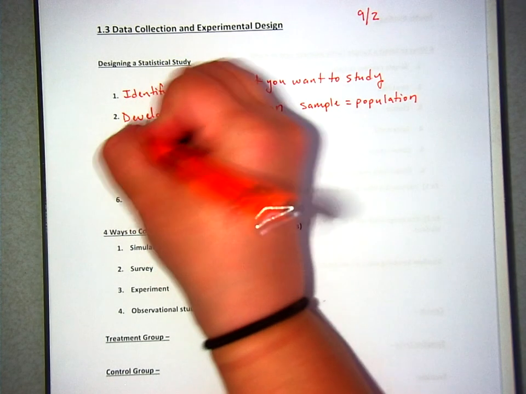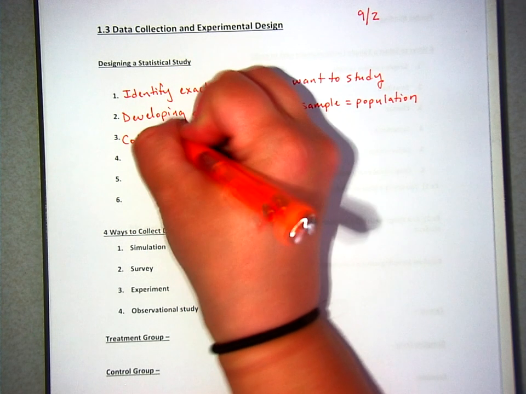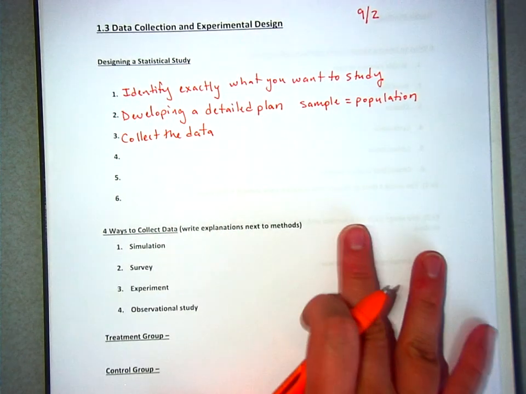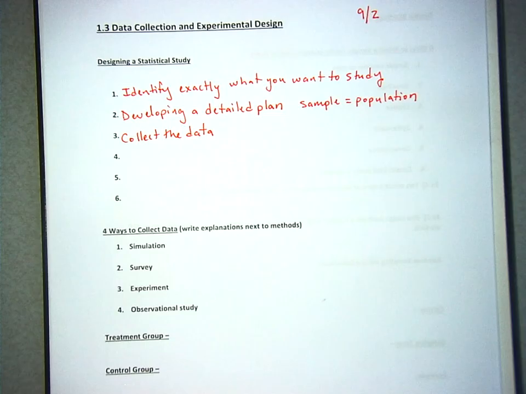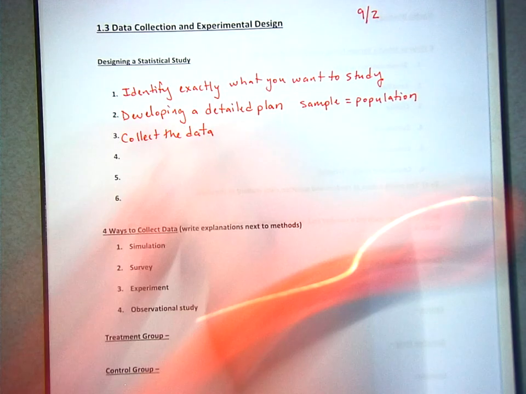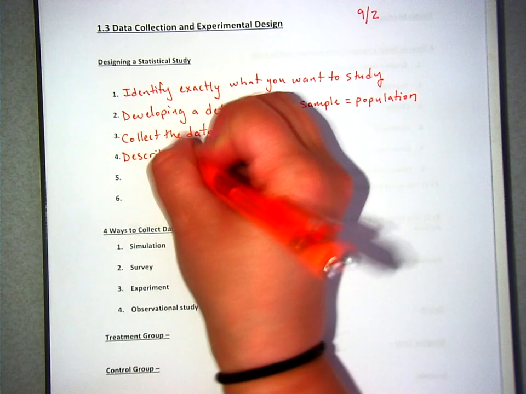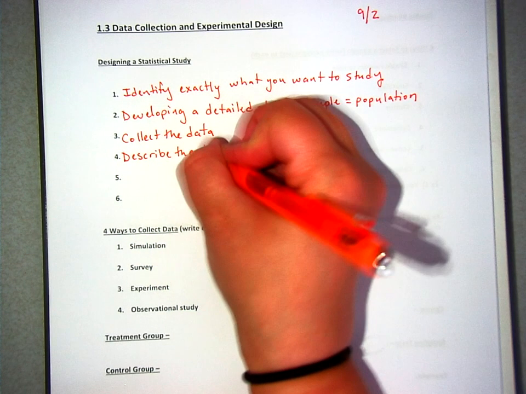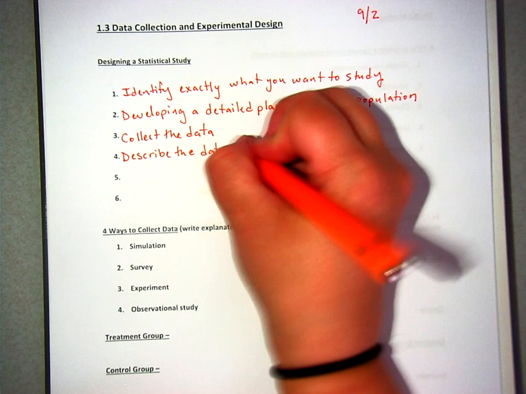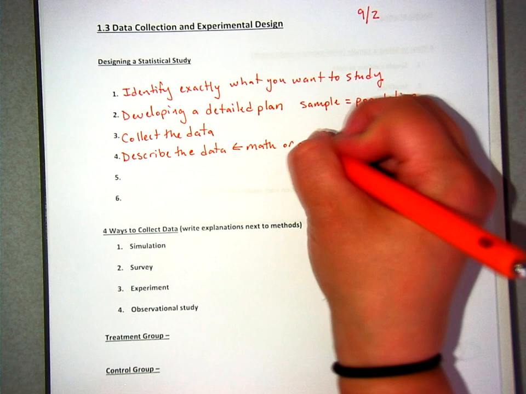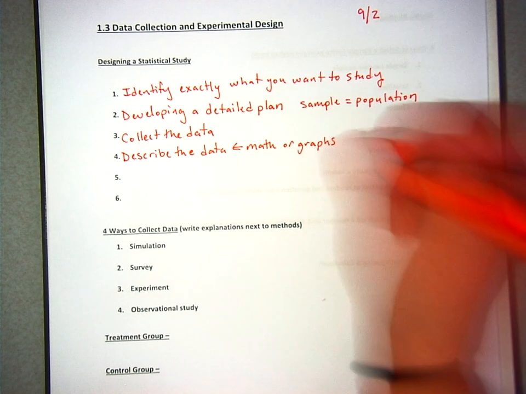Then you follow your plan and collect the data. Then you describe the data. This is like using math or graphs, kind of looking at what you got.